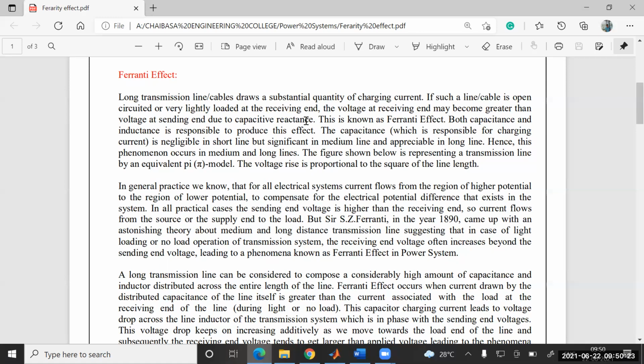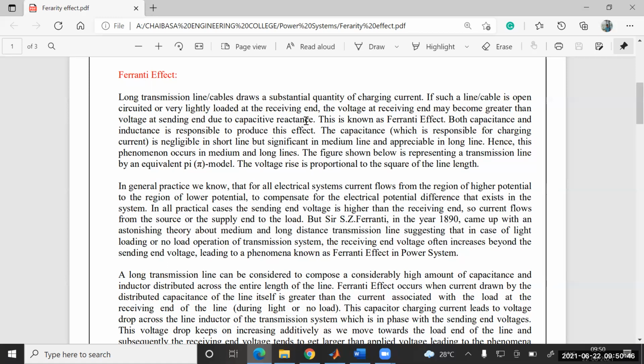Both capacitance and inductance are responsible for producing this effect. Now, the capacitance, which is responsible for charging current, is negligible in a short line, but significant in a medium line and appreciable in a long line.